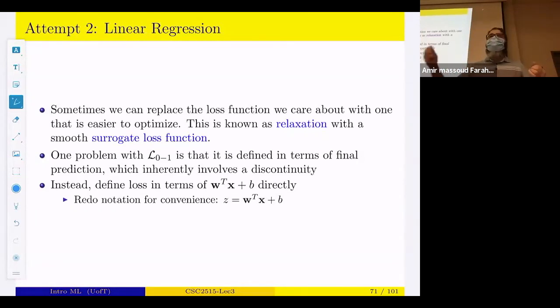If we optimize it, the solution would be a good proxy to optimizing the original loss, which is 0-1 loss in this case. This is known as a relaxation of a loss function with a nice surrogate loss function. A surrogate loss is a loss used instead of another original loss, which is, for example, difficult to optimize.